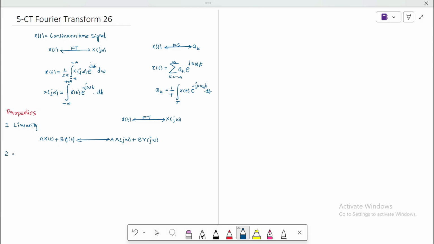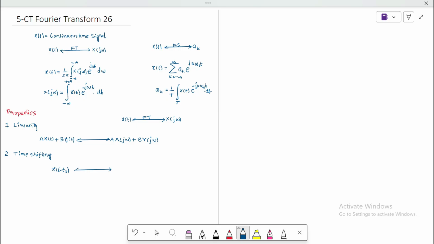The second one is time shifting. Time shifting is nothing but x of t minus t naught, which is the delayed signal of x of t.